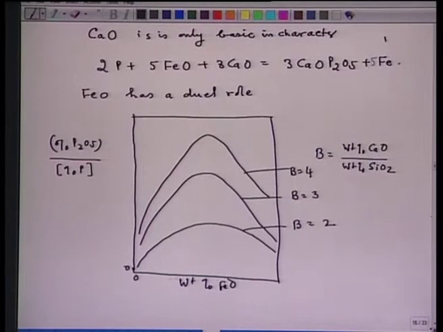as we increase the weight percent of FeO, there is an initial increase of dephosphorylation up to a certain optimum value of FeO, and then it further decreases after reaching the optimum value with the increase in the FeO content of the slag. Now, the initial increase is because of the oxidizing effect of FeO.